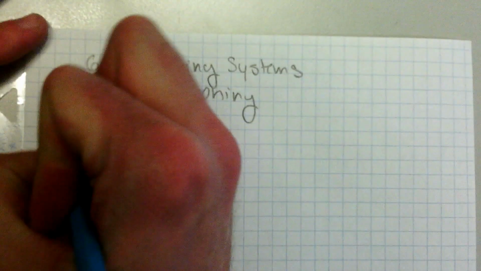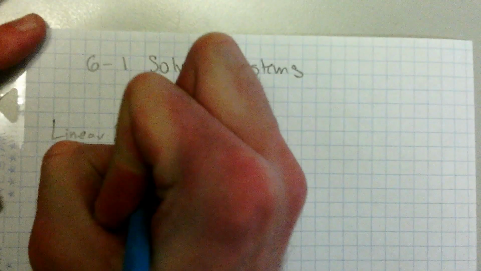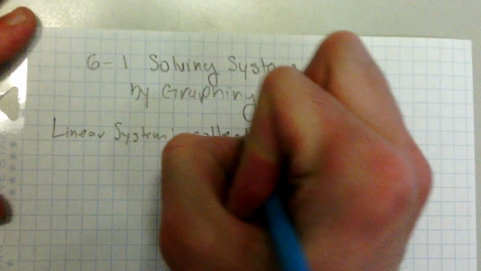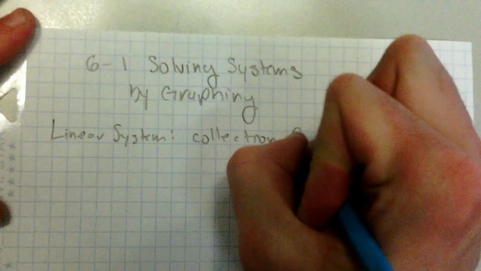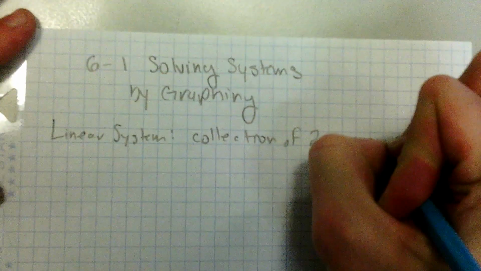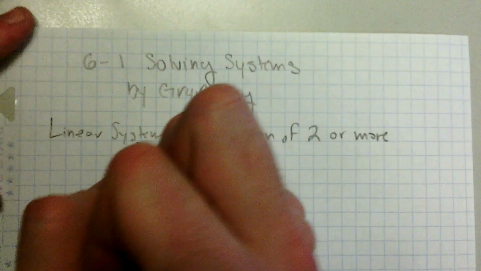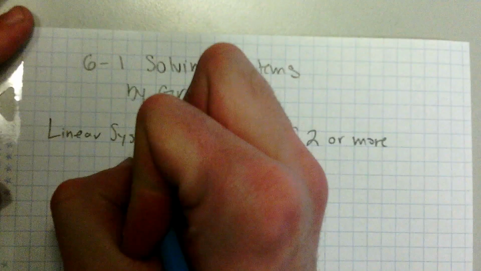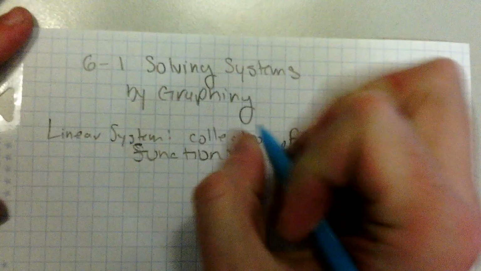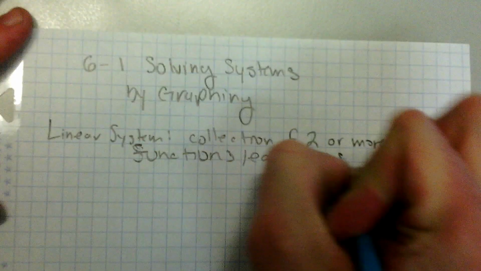Let's first give a definition. A linear system is a collection of two or more linear functions or equations.